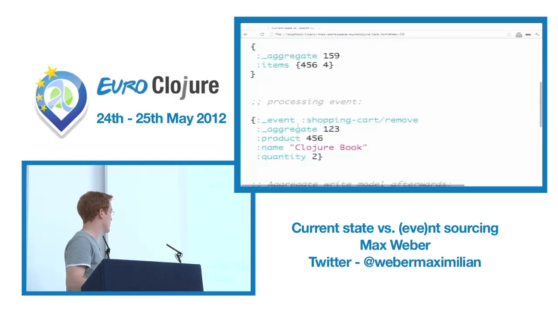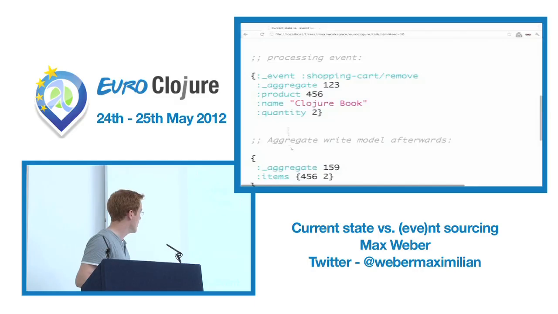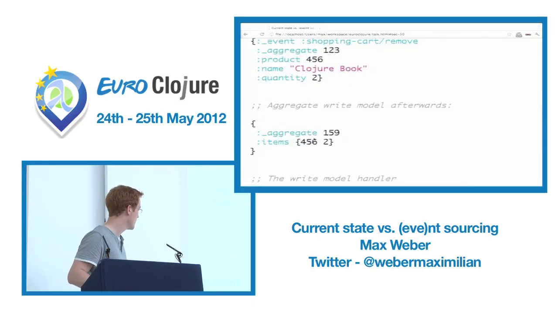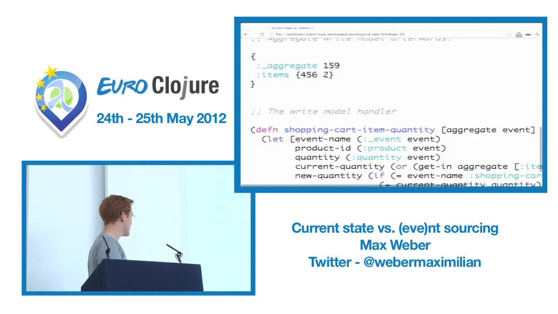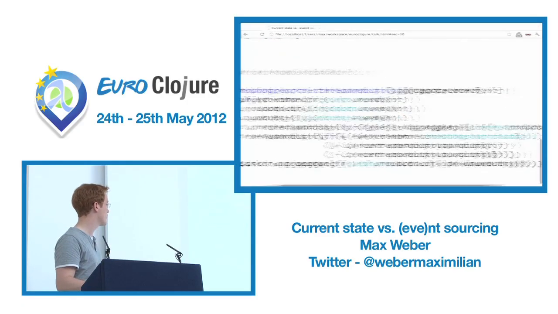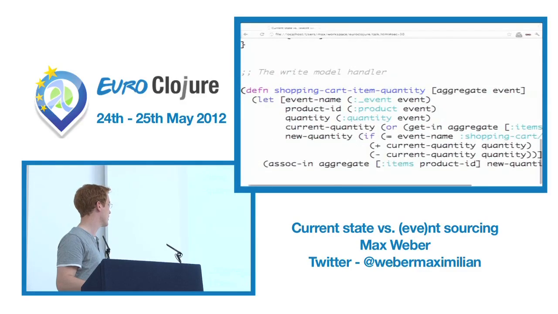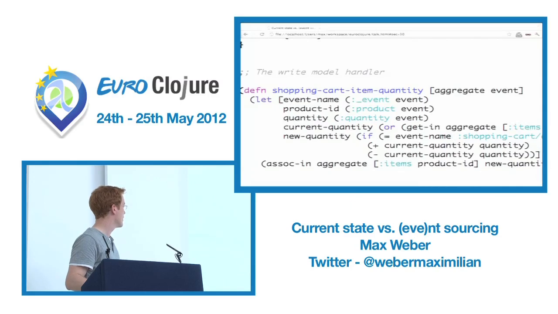So we've captured that we have 4 Clojure books inside our shopping cart, and then we decide, okay, I only need 2 at the moment, so we remove 2 Clojure books again. So the write model is adapted to it, and now you only have 2 Clojure books inside your aggregate write model. So yeah, this function is a little bit too large.